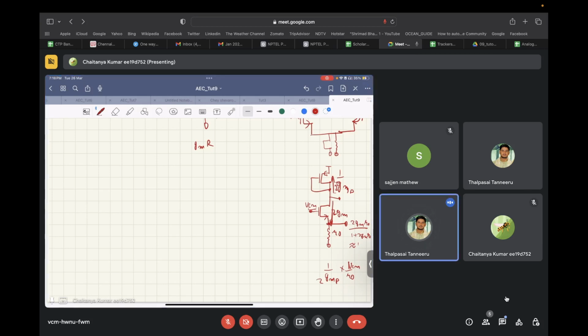If this is 1, that means this is VCM. What is the current that is flowing? VCM by R naught.